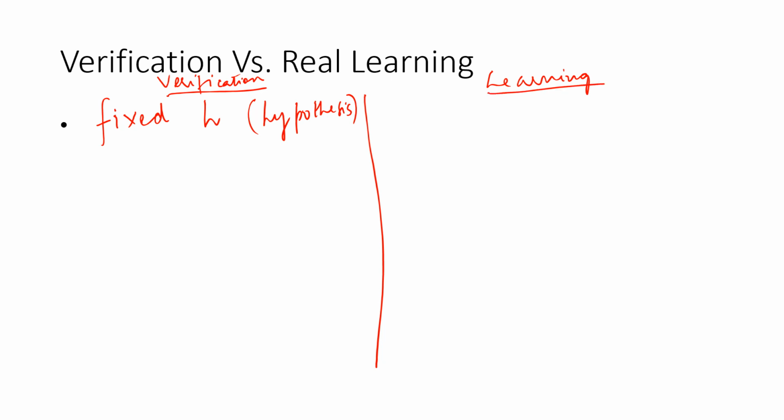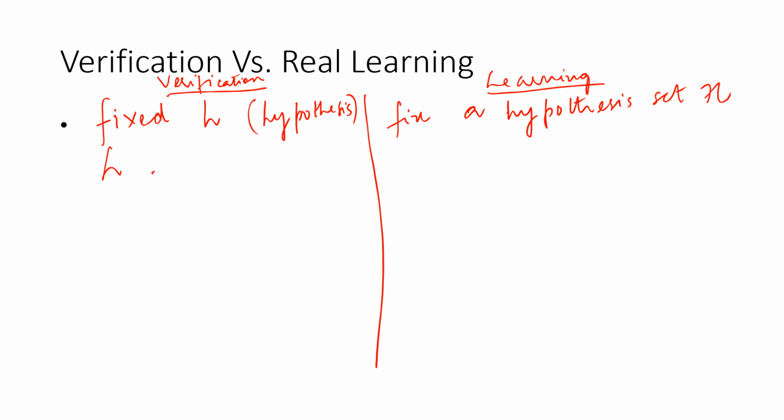What needs to be done in learning is that we fix a hypothesis set, if you remember from one of our earlier lectures, right? So we fix a hypothesis set H that can have multiple hypotheses in it, and our goal is to fix that final G, if you remember. Okay, so the goal in both the verification and the learning problem is that we need to certify whatever we have as good or bad, right?